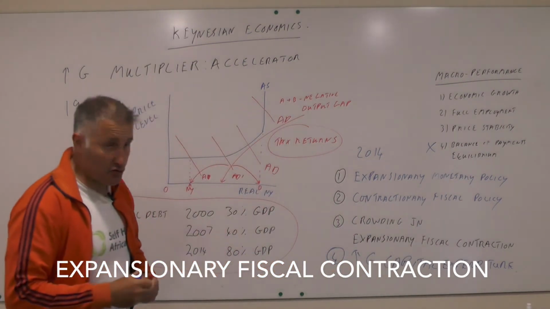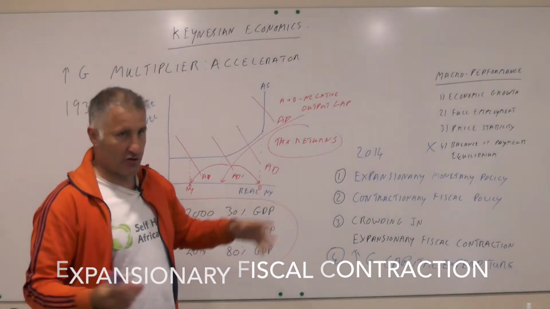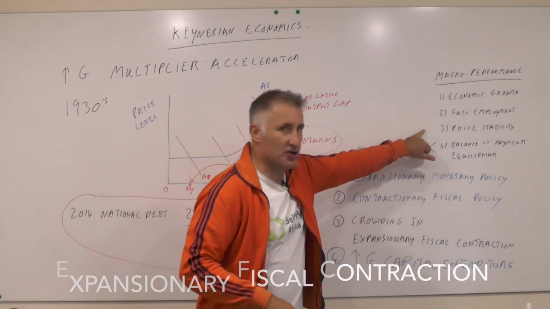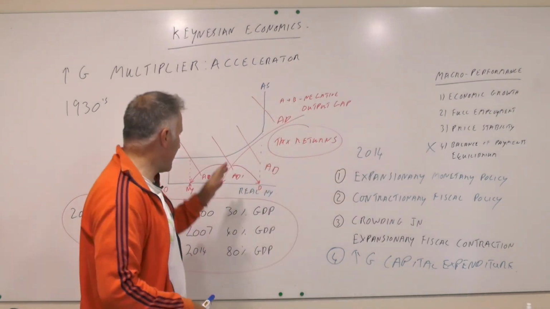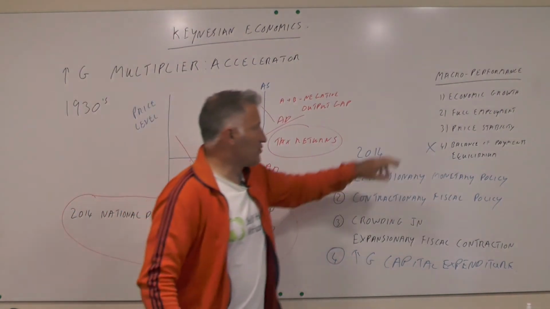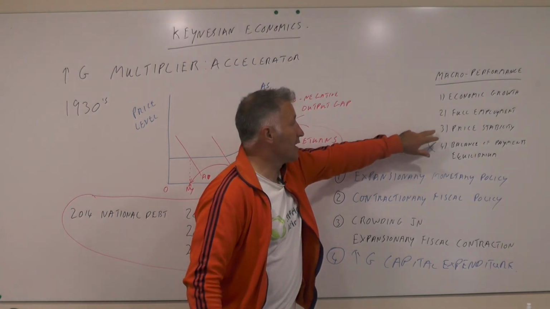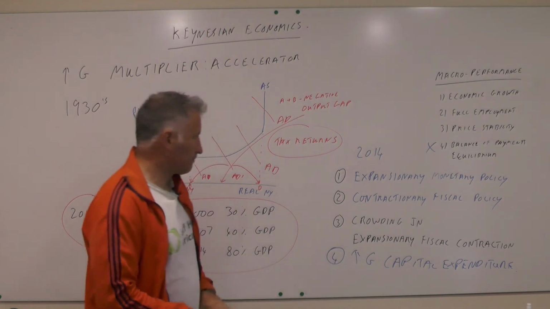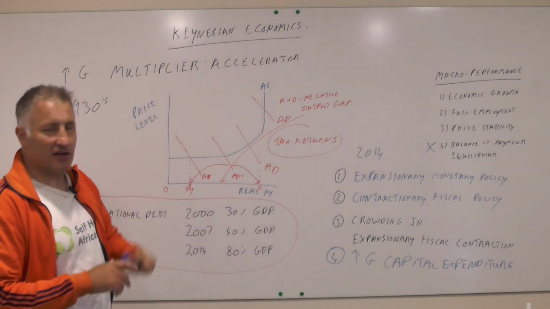However, if it gets out of control and we get a positive output gap, all of those ones on there will get worse because we'll get higher inflation, and higher inflation will make us less competitive. However, normally we have a negative output gap, so all of those things, economic growth will improve, there'll be more jobs in the economy, and we will still have price stability. Okay, lesson over, Keynesian economics.